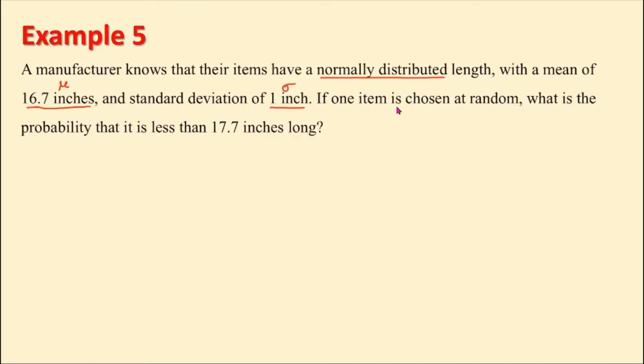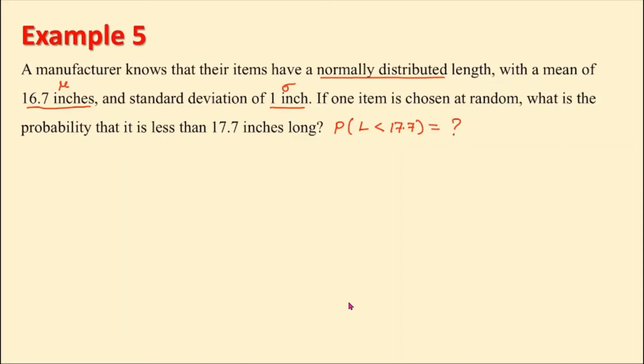If one of the items is chosen at random, what is the probability that it is less than 17.7? We want to find the probability that the length is less than 17.7 inches.